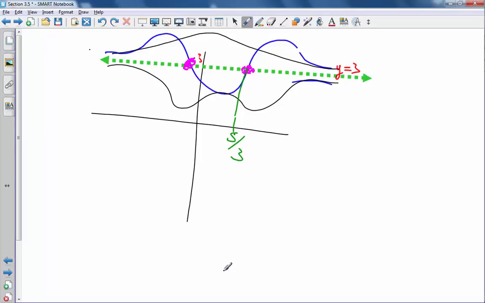What will the y coordinate be? So this point has 5/3 as its x coordinate. To get y, read it. It's 3, because this is a horizontal line. Every point on it has y equal to 3.